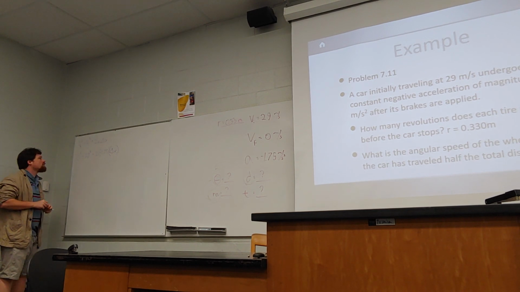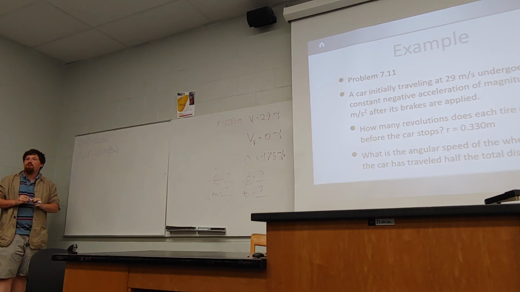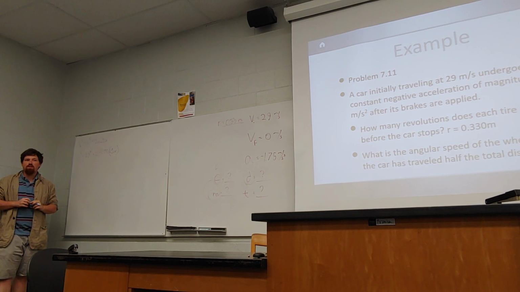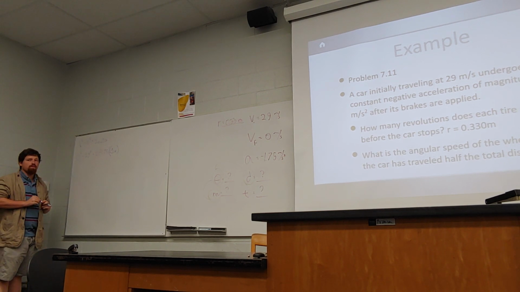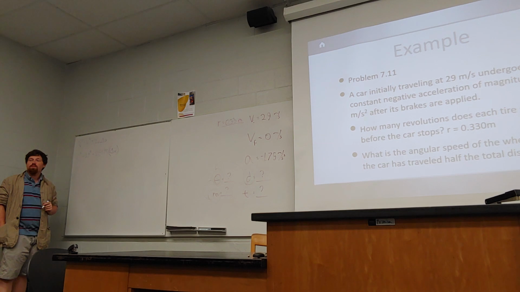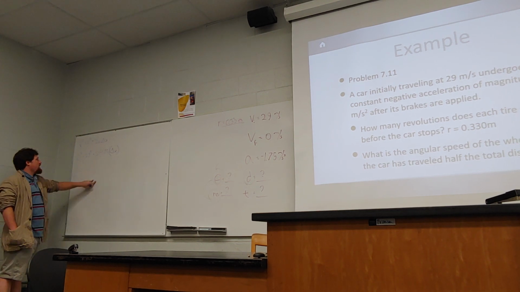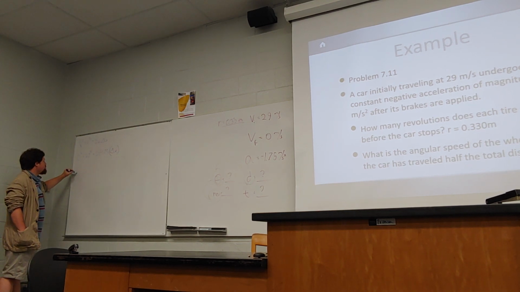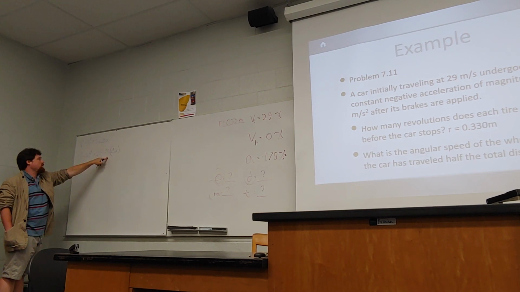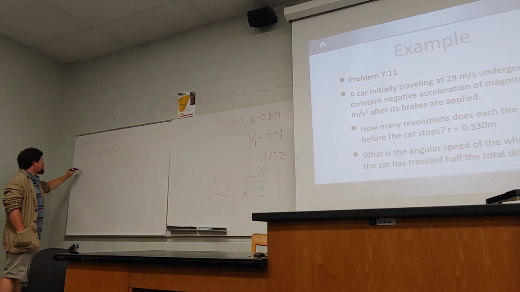Does everyone concur with this formula's setup? All right. Drag this to the other side. 2 times positive 1.75. By subtracting this to the other side, we have gotten rid of the negatives.